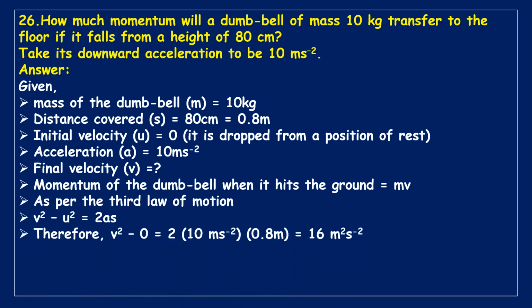Therefore, v square minus u square, u is given as 0, that equals 2 into acceleration, given as 10 meters per second square, and distance, the height, is given as 0.8 meter. If you substitute all these values, you will get 16 meter square per second square.